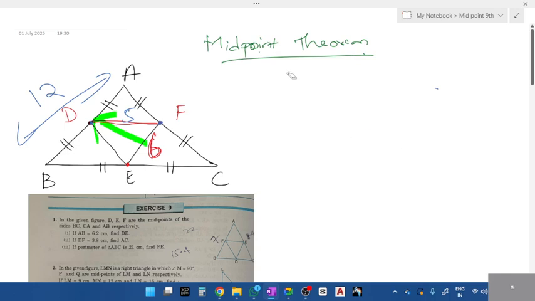BC will be 10. Yeah, you'll have questions like this. Next, if DE is 7 centimeters, AC will be 14 centimeters. Right? Concentrate. Ninth is going to be very tough.